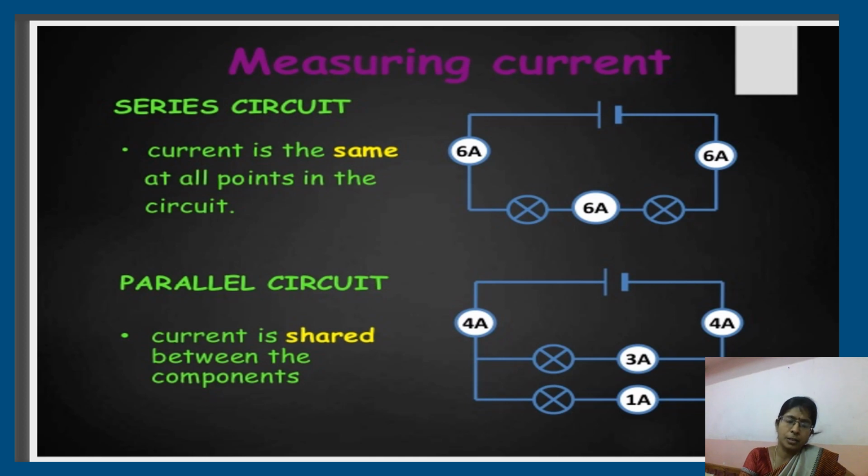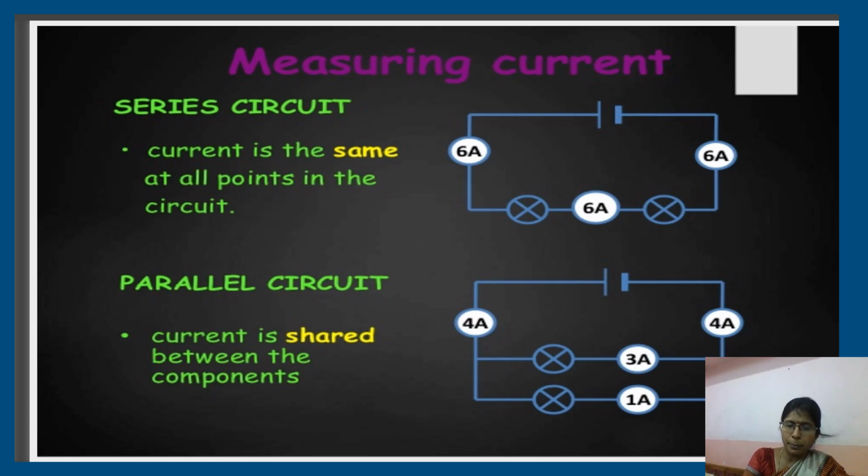Now, parallel circuit. In a parallel circuit, current is shared between the components. So we know that in a parallel circuit, voltage remains the same and current is shared between the components. So moving on to the circuit, here the two resistors are connected in parallel and the amount of current flowing in the circuit is 4 amperes.